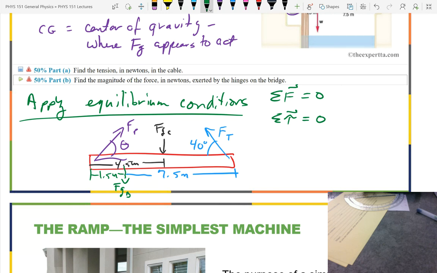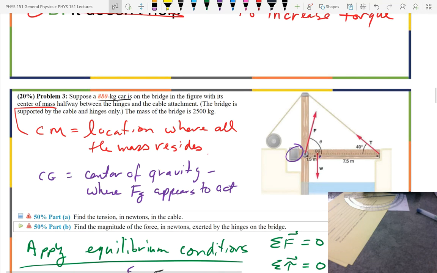And you look at it, and you're generally not pleased with things. How many forces do we have there? 4. We have 4 of them. Now, what's given to us? We are given the mass of the bridge, so that tells us what one of the forces is. We're given the mass of the car, that tells us what another force is.